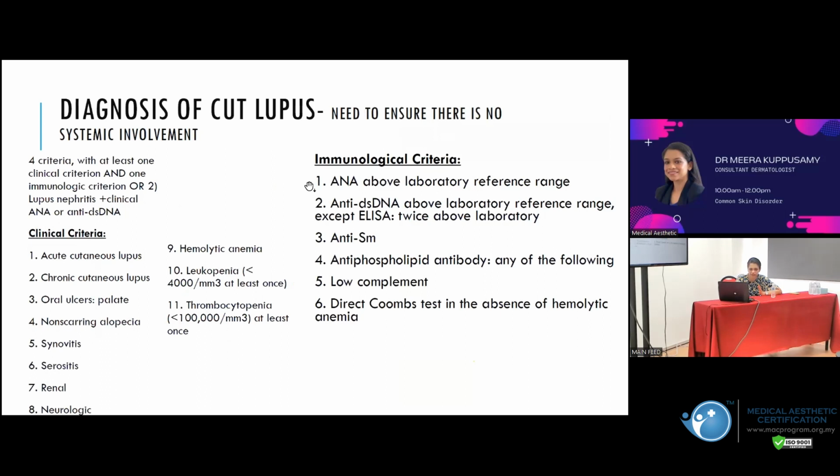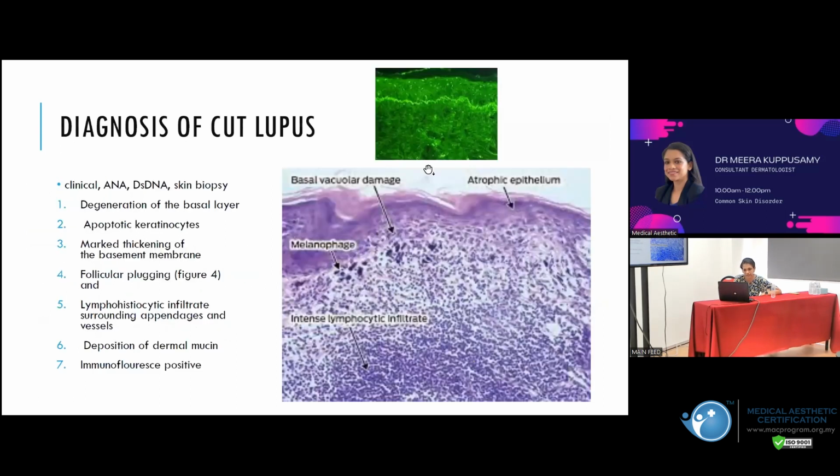Also, this one is just to remember again about the diagnosis of SLE. You have clinical criteria and immunological criteria. Generally, we will do all the immunological testing to make sure that it's not systemic. And then the skin biopsy. For skin biopsy, we will always send 2 specimens. The purple one over here is for histopathological examination, and the green one over here is for immunofluorescence.